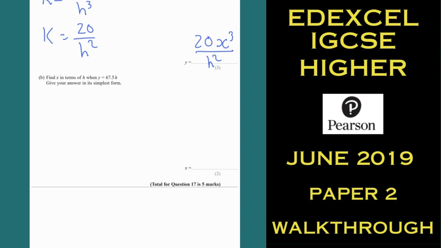So we are going to replace y with 67.5h, and it's equal to 20x cubed over h squared. It looks weird. So what? I'm going to multiply both sides by h squared and divide both sides by 20.